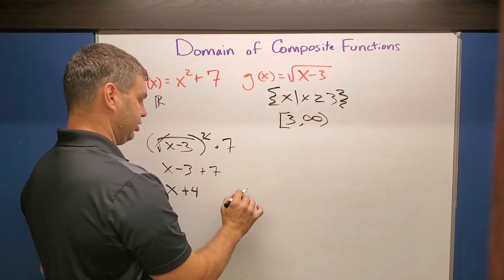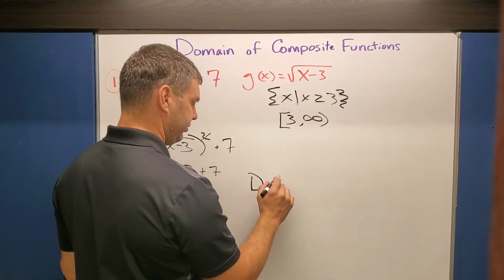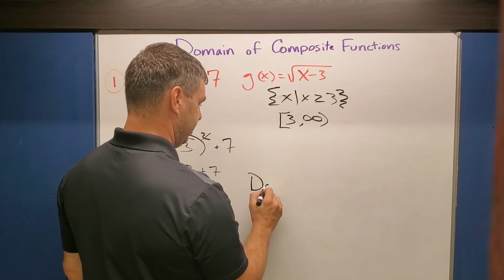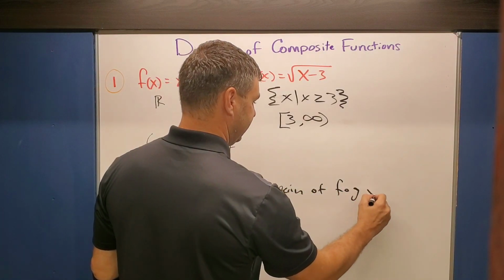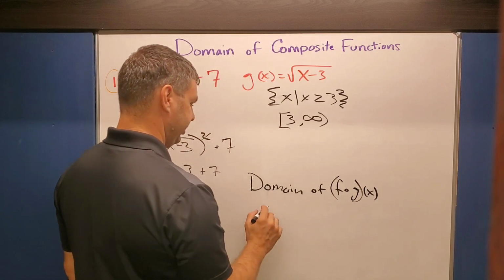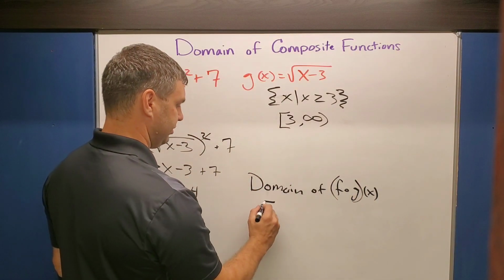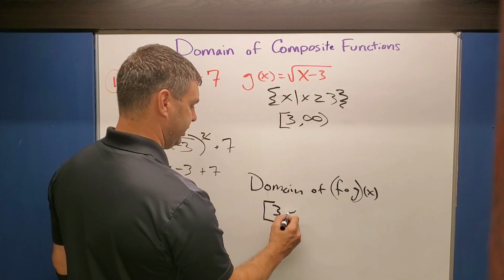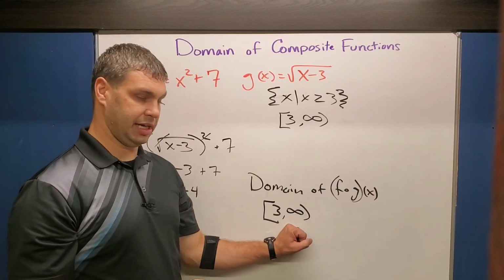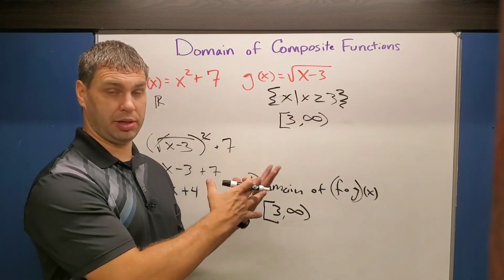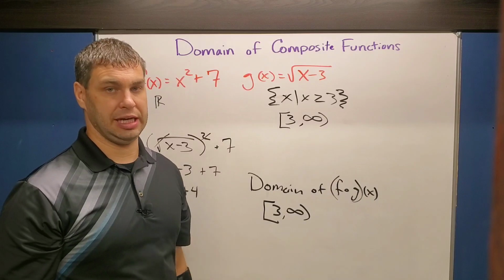So the domain of f of g of x is from positive 3 all the way to infinity, and anything in that domain will be part of the domain of the composition of the function.